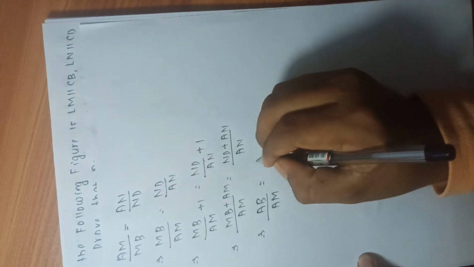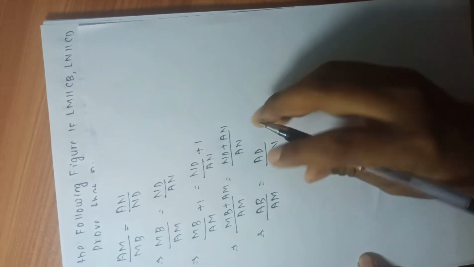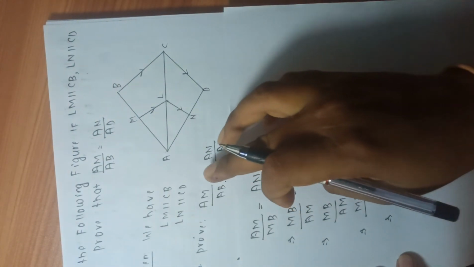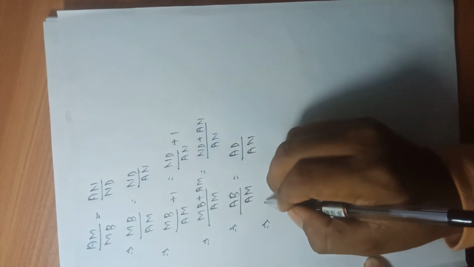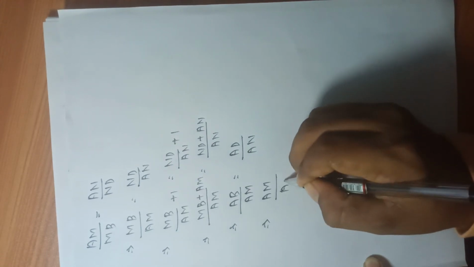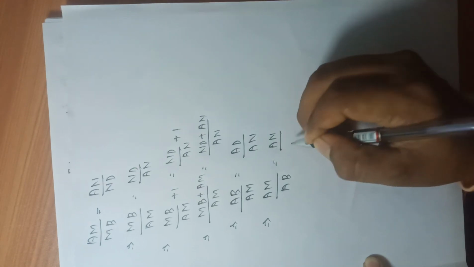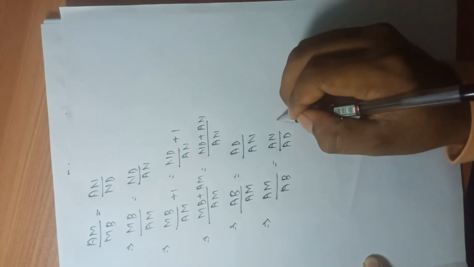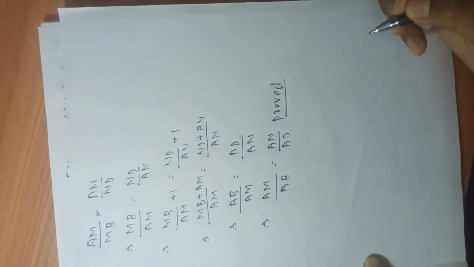So we can write AB by AM equals AD by AN. You can see we need to prove AM by AB, so again we take the reciprocal, so AM by AB equals AN by AD. That is the desired result.